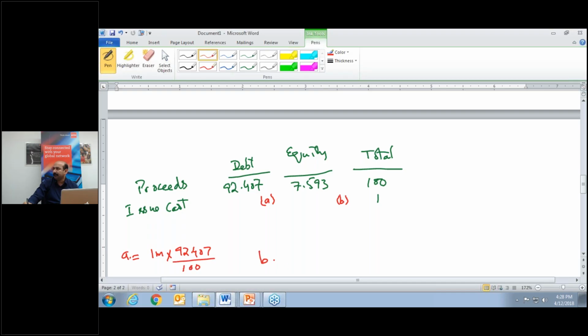And similarly, B will be 1 million, which is the issue cost, into the pro rata 7.593 over 100, where 100 is the total of these two. So this will give us 0.92407, and this will give us the other figure.